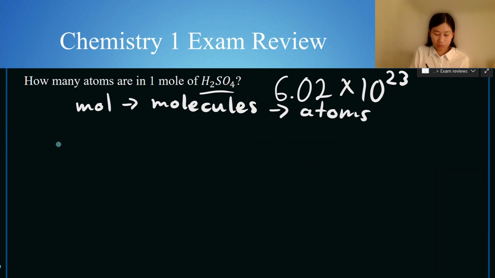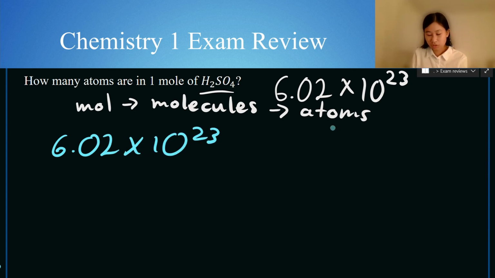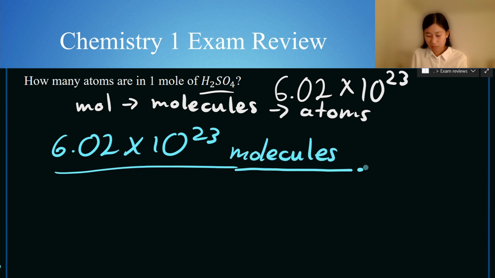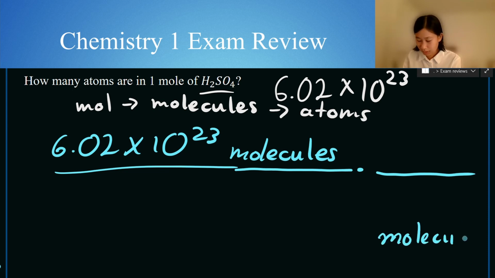Now, from molecules, we need to go to atoms. So how many atoms are there going to be? Okay, so I need to cancel out molecules. So molecules, I'm going to put on the bottom, and we're going to go to atoms.